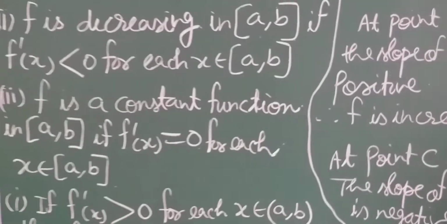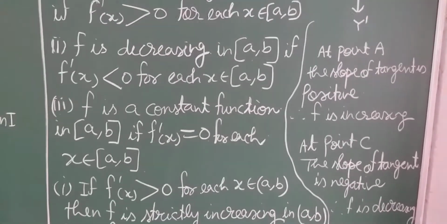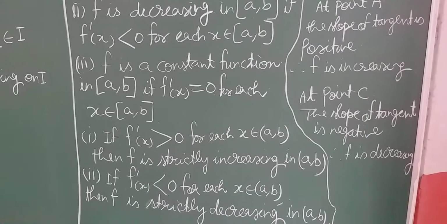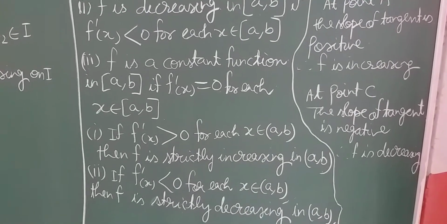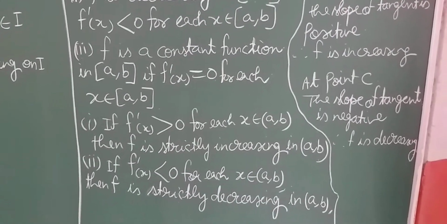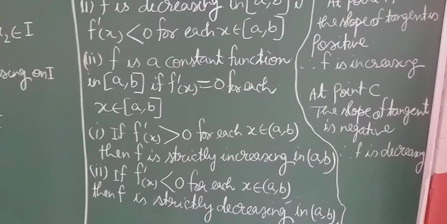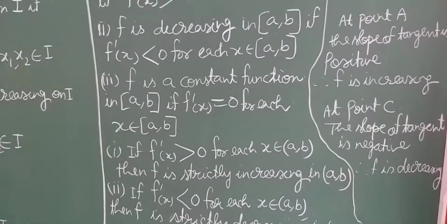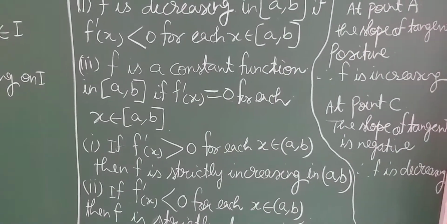Okay students, so these are the points at which we can find out whether the function is increasing or decreasing, strictly increasing or decreasing, by the first order derivative test.